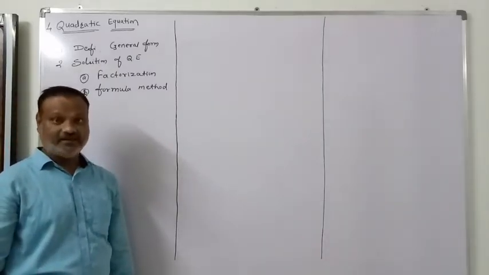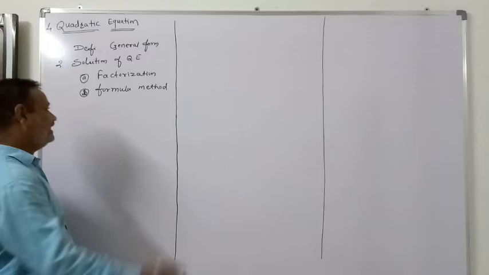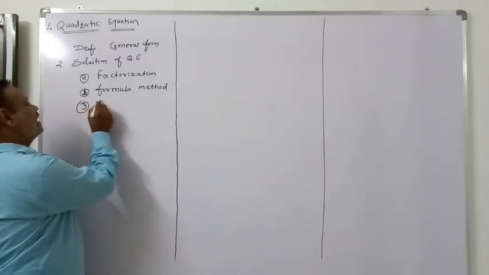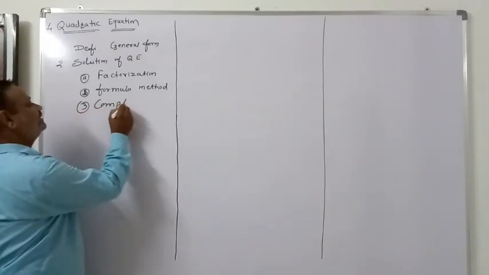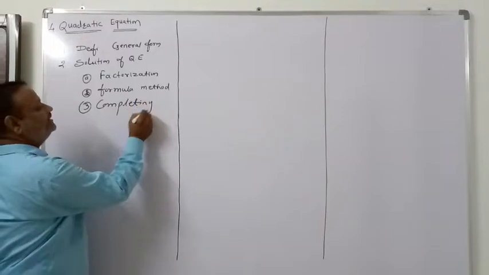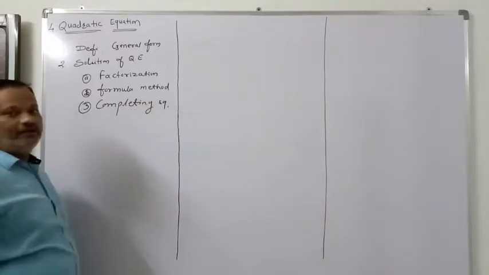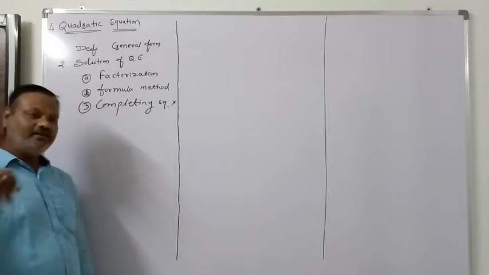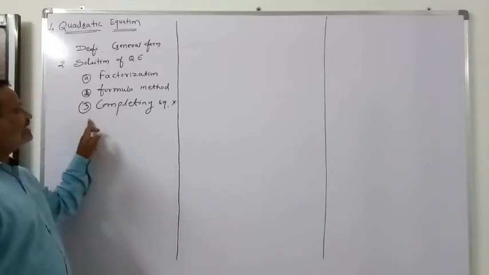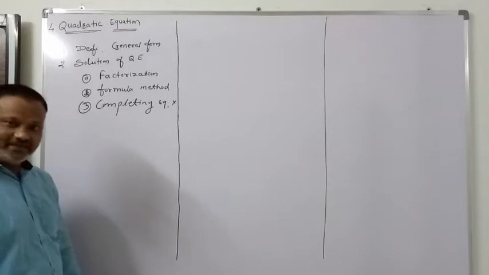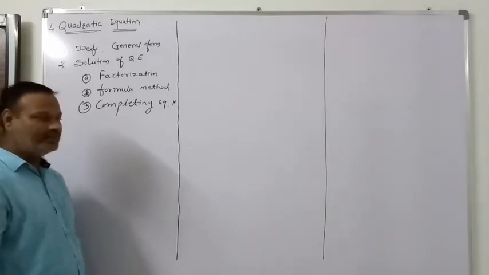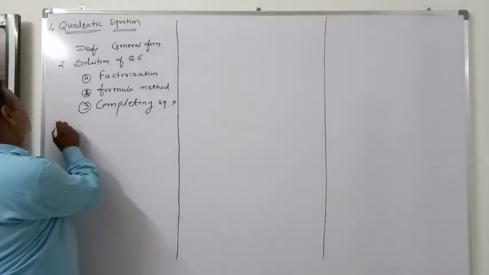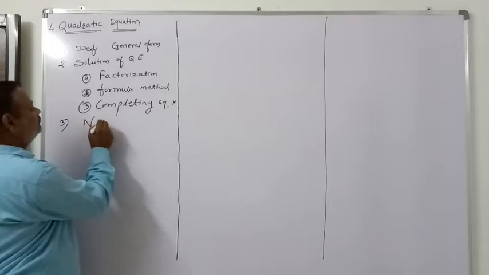One more method is there. The third method is the completing square method, but this method was deleted last year. So we are not considering the completing square method in this chapter. After that, the third point is the nature of root.